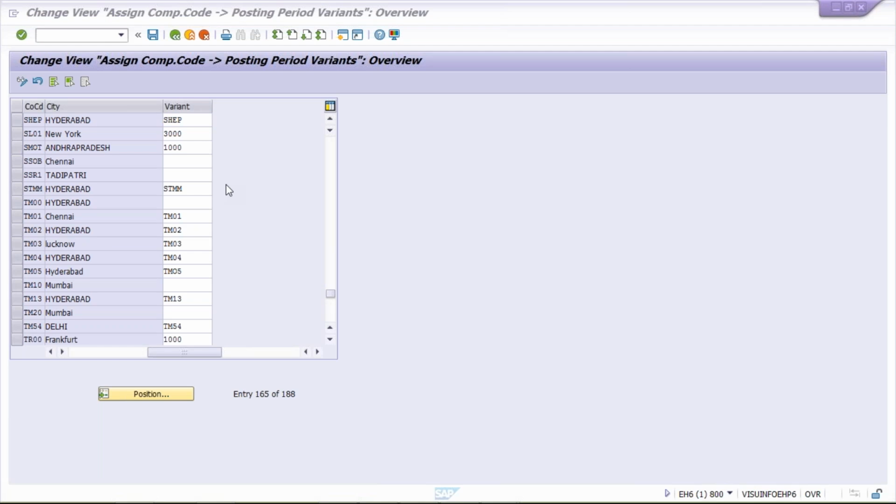Was it TM05 or a different company code we defined? Okay, I made a mistake, guys. Actually, what we defined was TM00 as a company code. You guys should remember, isn't it? Not TM05. We have defined TM00 as a company code.